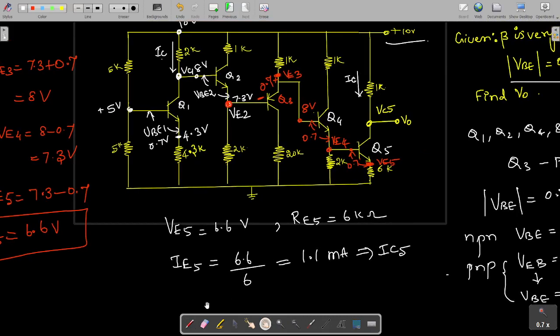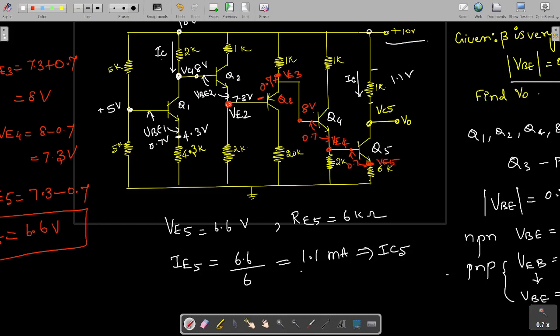Because of that, you will be having a voltage drop across this resistor. So across this resistor, you will be having a voltage drop of 1.1 volt. That is a voltage drop across this 1 kilo ohm resistance, because the current flowing through that one is 1.1 milliamps. So the voltage drop is 1.1.